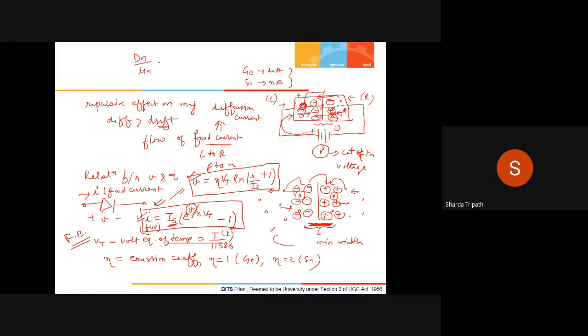If you remember, Dn by mu n was equal to Dp by mu p, and this was equal to a constant value Vt, which is given by kT by Q, where T is the temperature in Kelvin, K is Boltzmann constant, and Q is the charge of one unit charge. So Vt can be assumed to be a constant.